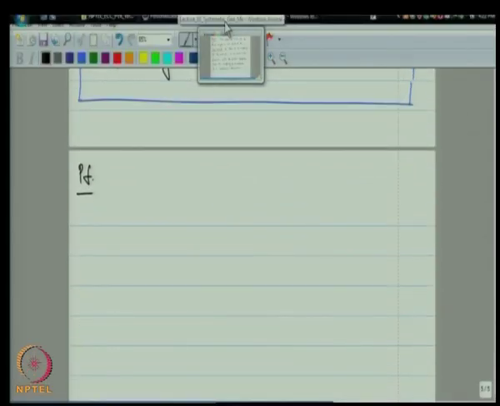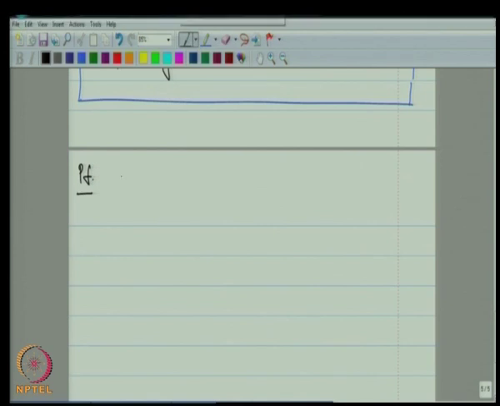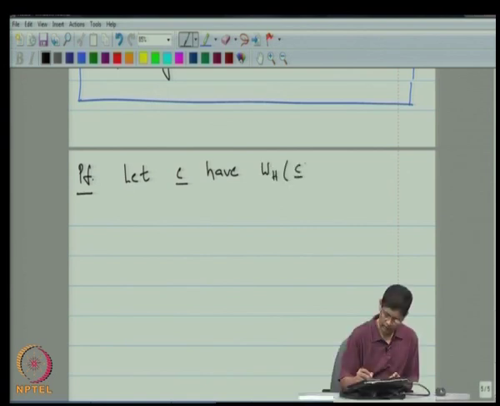So, let us see how we prove that, and then we will quickly look at some examples. Proof: let C have Hamming weight equal to W min.